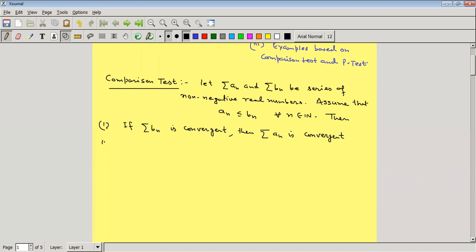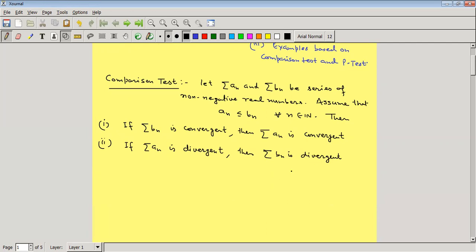Second, if summation an is divergent, then summation bn is divergent.